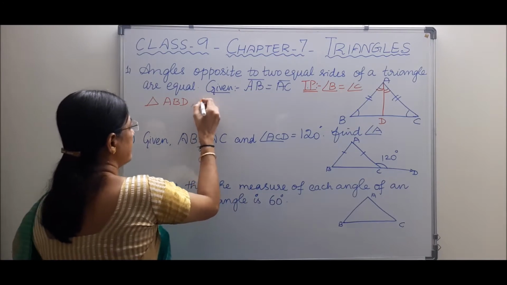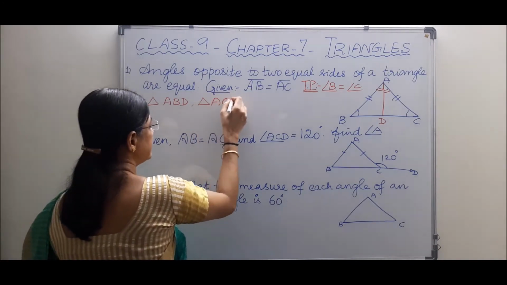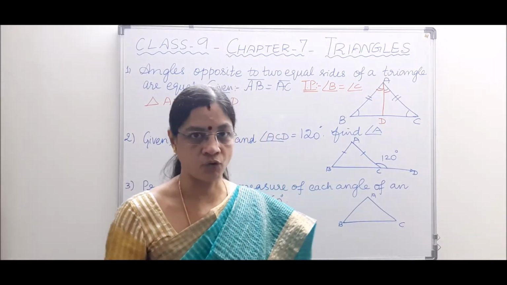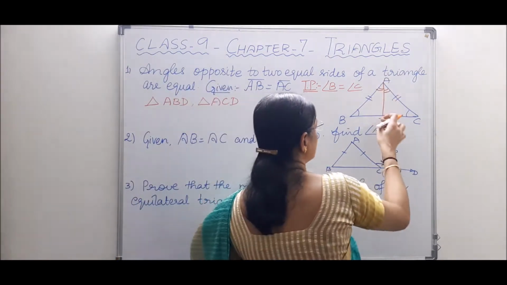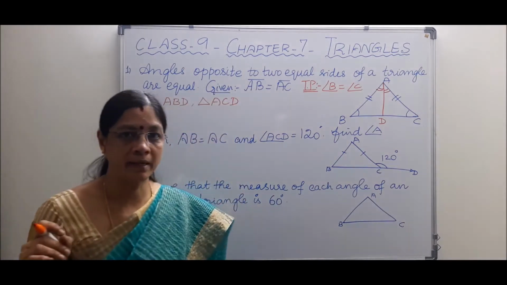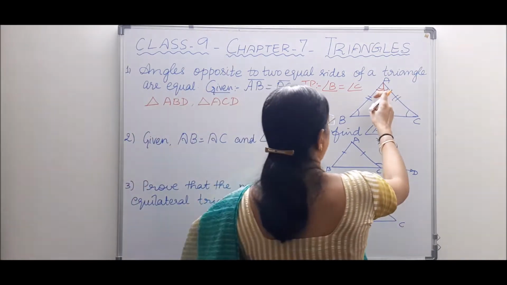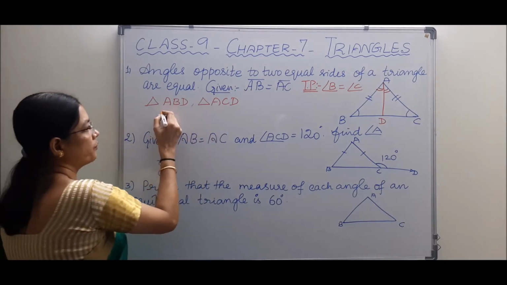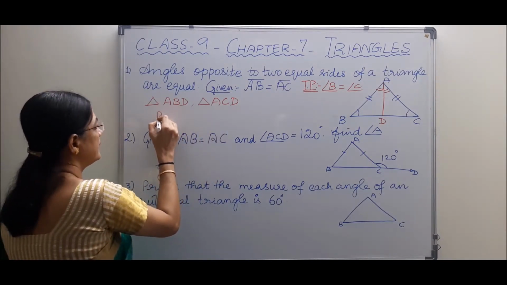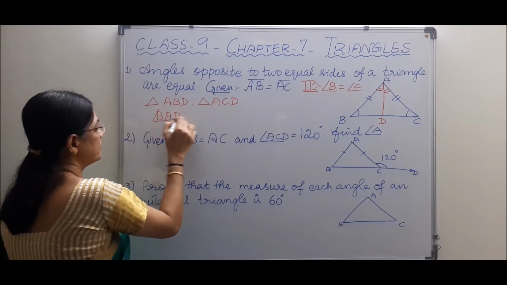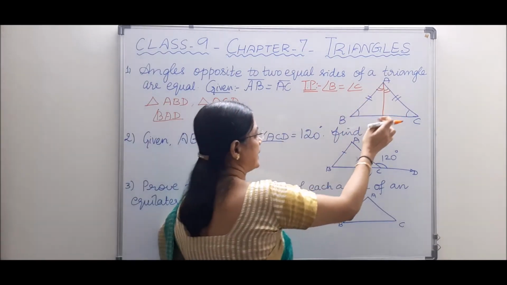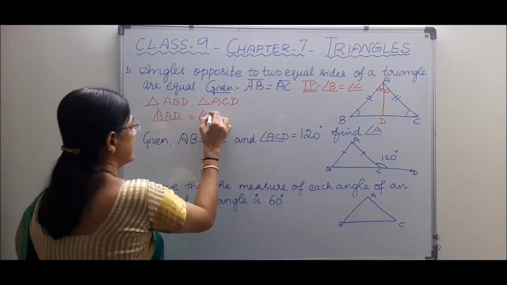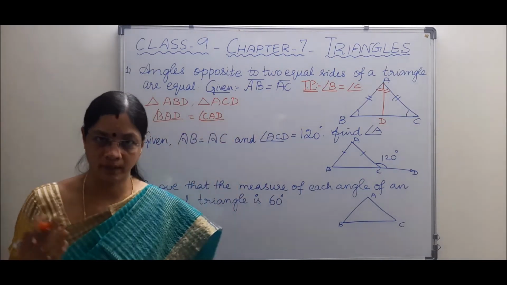So triangle ABD and triangle ACD are the two triangles now, because of the angle bisector I have drawn there. After drawing the angle bisector, I know these two angles are equal. Let us write that too. Angle BAD and angle CAD are equal, isn't it?